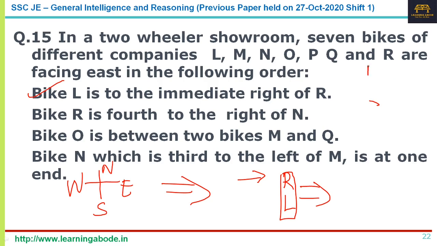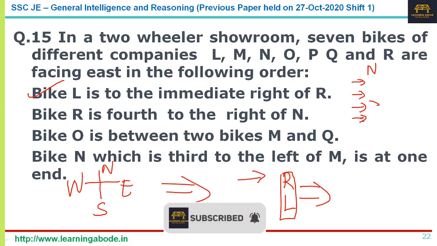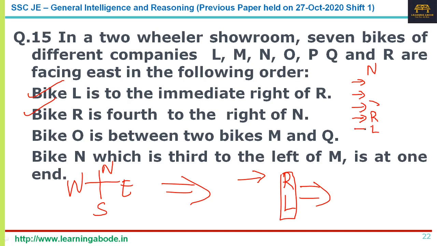So let me have N, and then let me have positions like first right, second right, third right, and fourth right. So fourth to the right of N is R. I have considered the second statement also. The first statement is R and L are together, and L is to the right of R, so we can fix L as well.